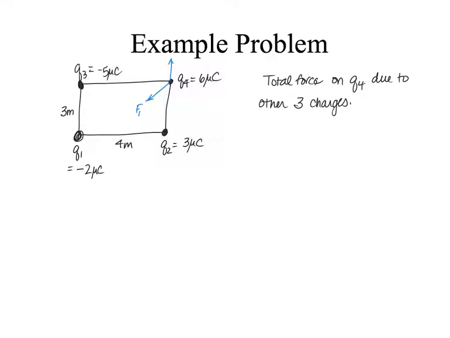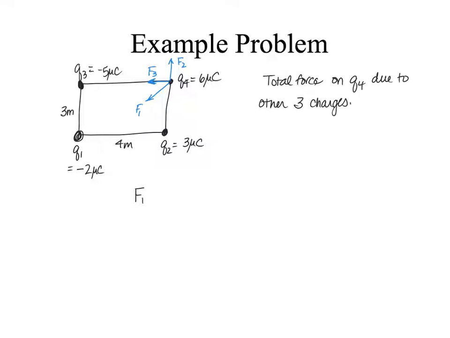So the force that 2 exerts on 4 is going to be a repulsive force, so it'll be straight up. And then finally, charge number 3 will attract charge number 4 because they're of opposite sign, so F3 will be in this direction. So now I've drawn the 3 directions of the forces. Now I have to see how big they are.